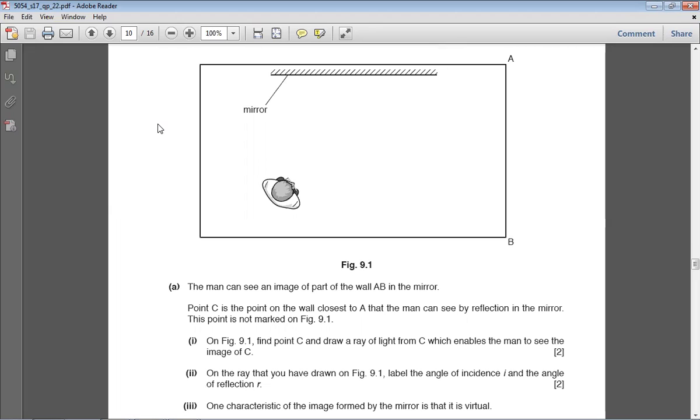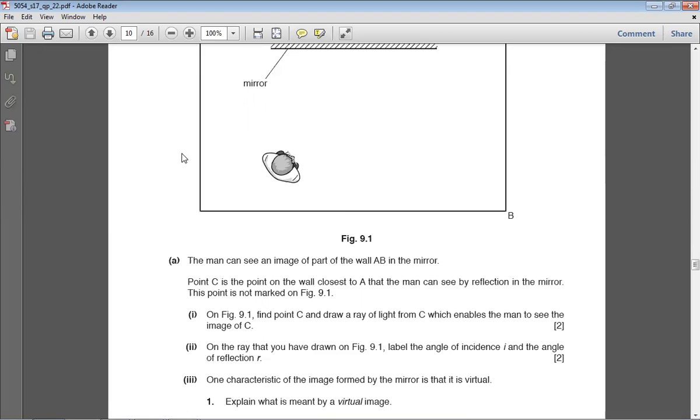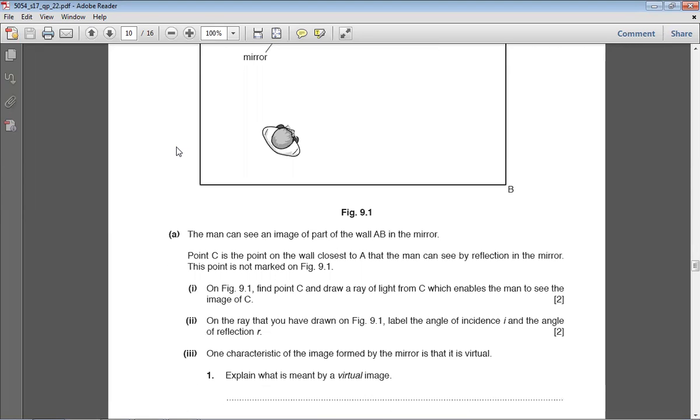On figure 9.1, find the point C and draw a ray of light from C which enables the man to see the image of C. On the ray that you have drawn on figure 9.1, label the angle of incidence I and the angle of reflection R. So these are the 2 questions for which we have to do the construction work on figure 9.1.